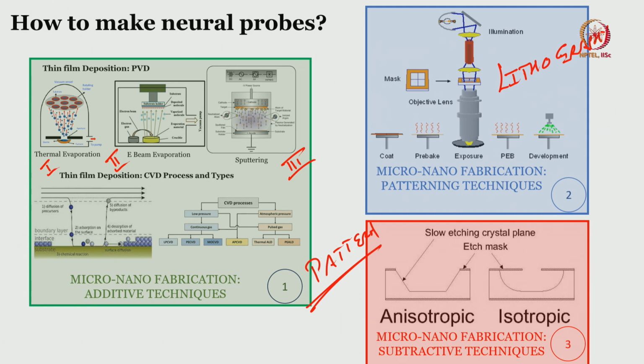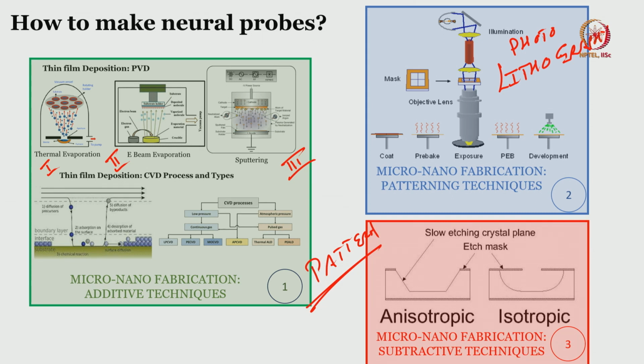Lithography is a word that comes from Greek origin, lithos and graphein, meaning carving from a single stone or carving on stones. With lithography, if I use UV, I will say it is photolithography. Photolithography is a technique by which we can pattern certain metals and materials.